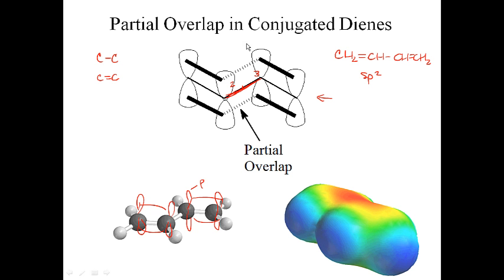If we looked at the picture of the electrons, what we see is that we have the negative charge of the electron clouds smeared over all four carbons. So it's this partial overlap that stabilizes conjugated dienes.